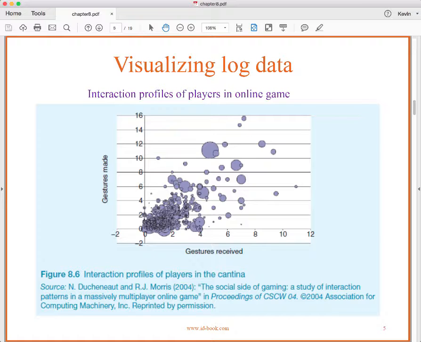Here on slide 5, we have an interesting example of using graphing techniques to visualize data. There was a study described in the chapter of a massive multiplayer online game.